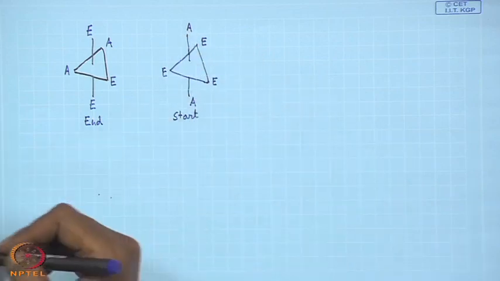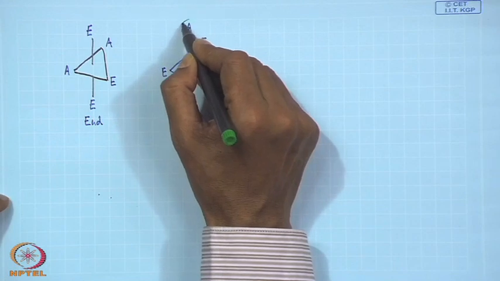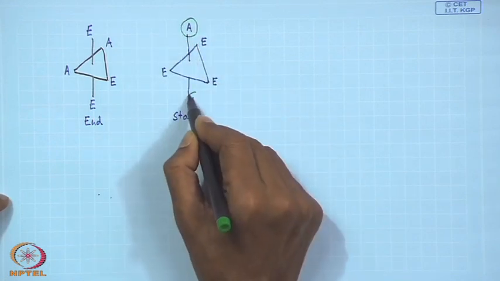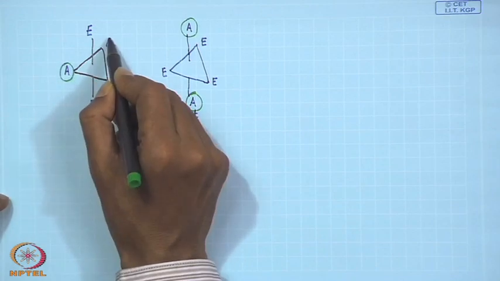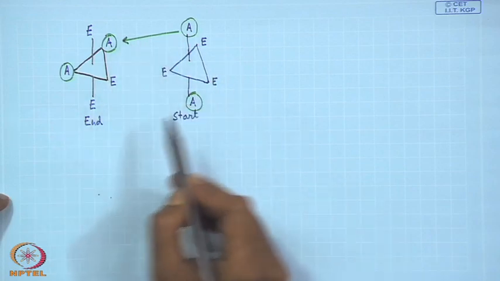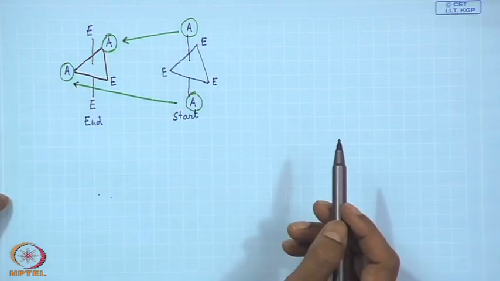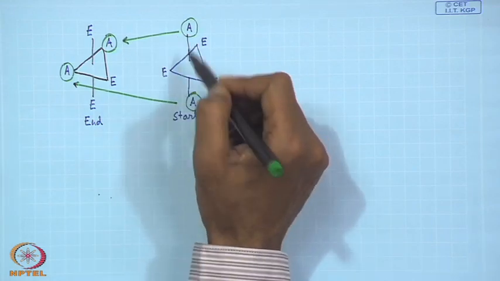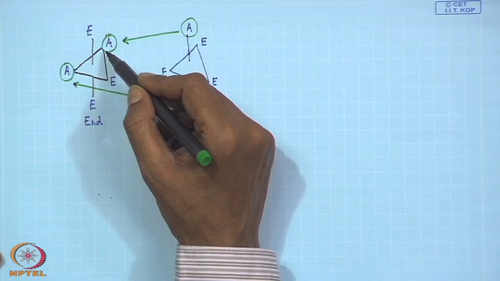So, these two axial groups which were present in the axial direction of the molecule will now go to the equatorial sides. These two A groups are moving from here to here. So, axial groups have changed their positions to the new positions where they are occupying the equatorial positions.